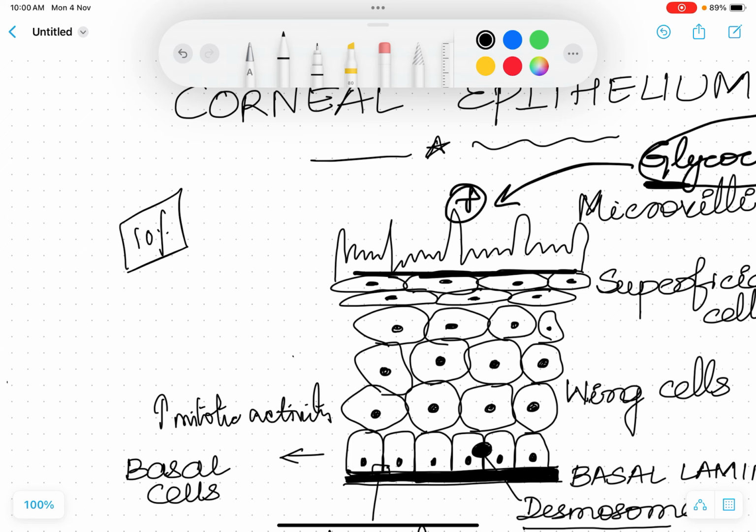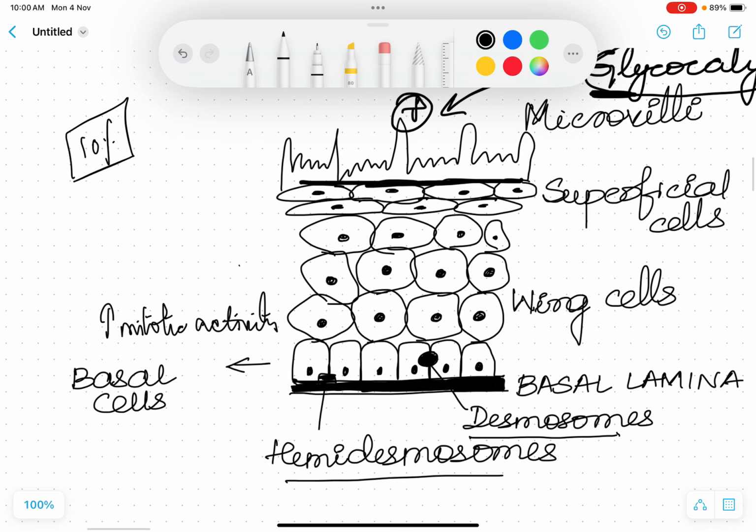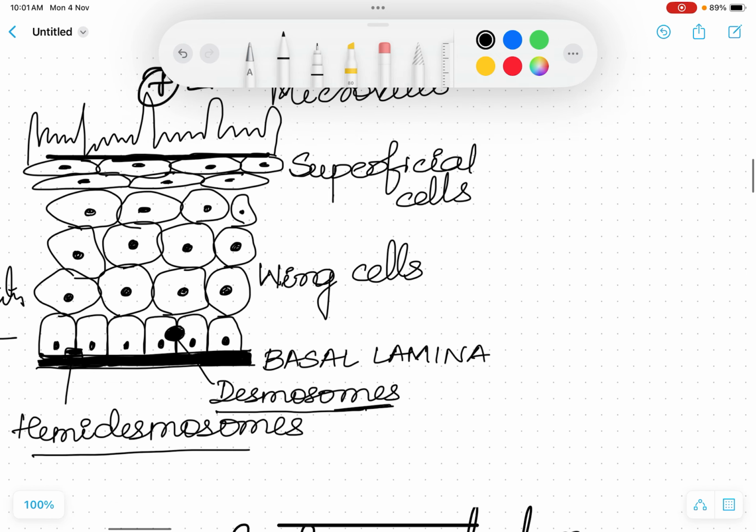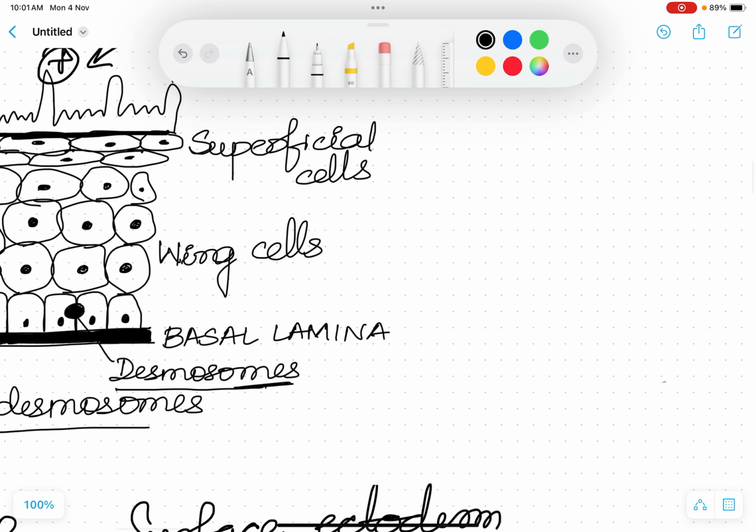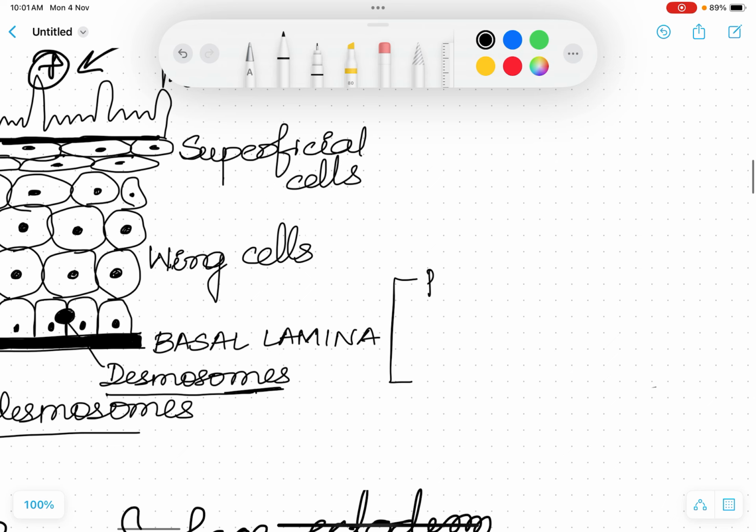Now when we talk about these basal cells, they are adherent to one another by a component known as desmosome. And they are adherent to the underlying basal lamina by hemidesmosomes. About this basal lamina, there are few features you should remember. One, it is a PAS positive structure.